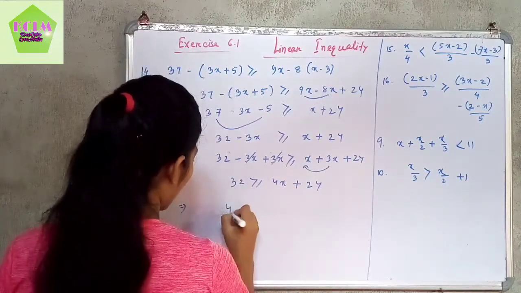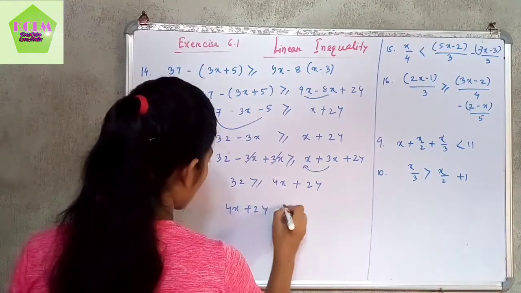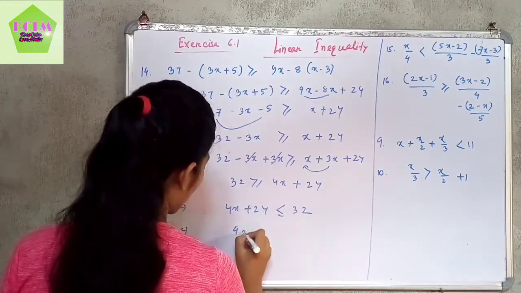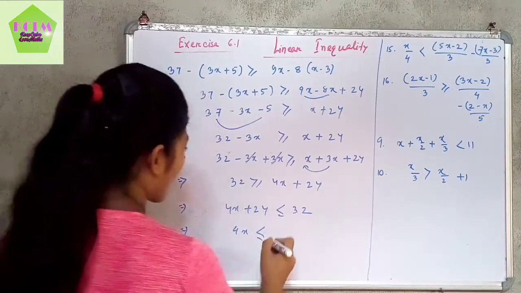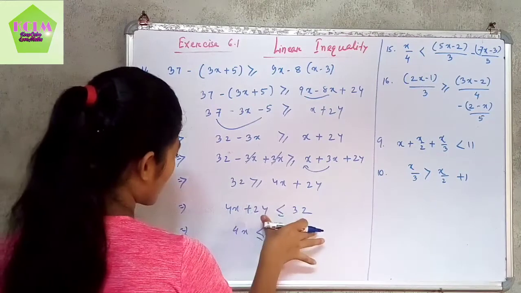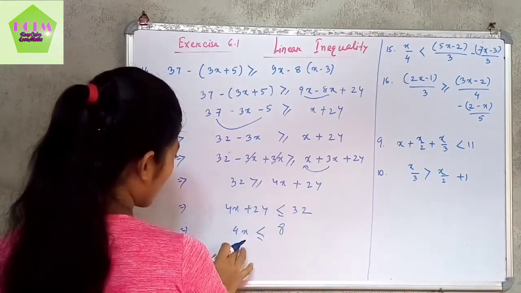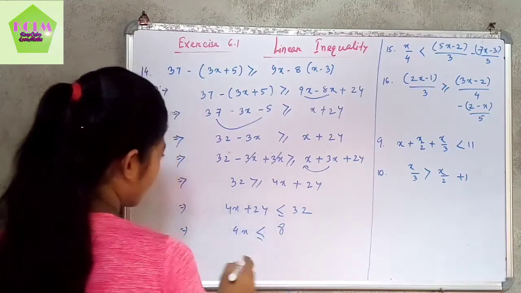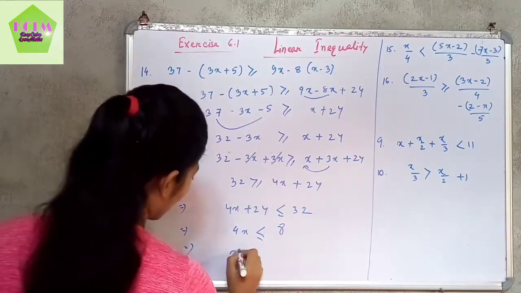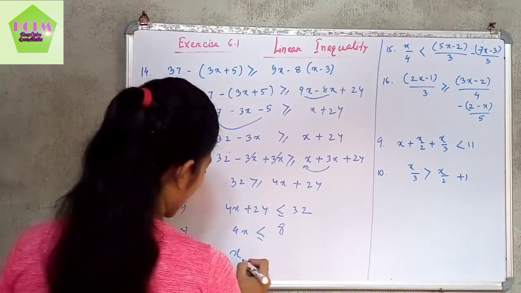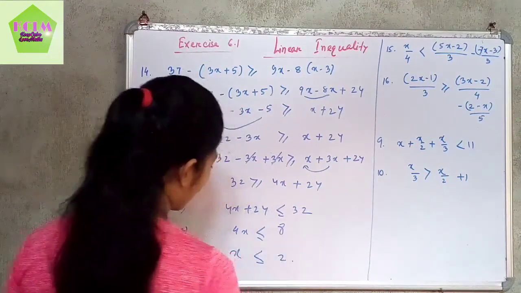Now 4x plus 24 is less than or equal to 32, and finally 4x is less than or equal to 8, right? If we subtract 24 on both sides, then it becomes 4x less than or equal to 32 minus 24, that is 8. Now dividing by positive 4 on both sides, we get x less than or equal to 2.